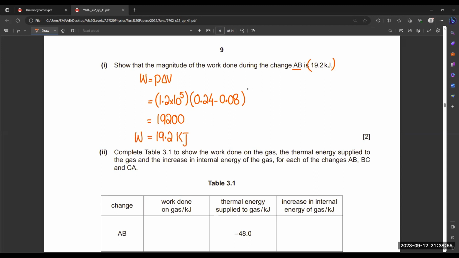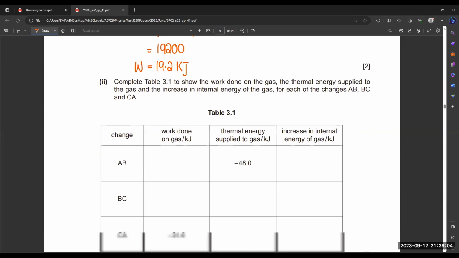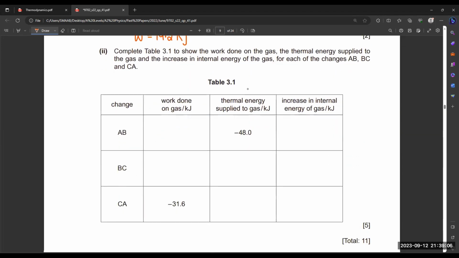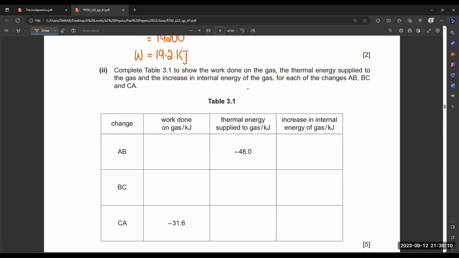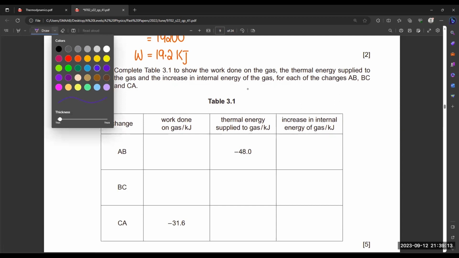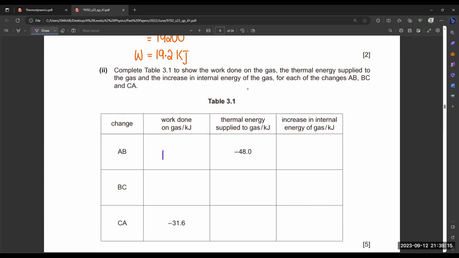Okay. So this is the value of the work done. And if we take the next part of this question, in the next part you have to complete the table. So basically from A to B, we already calculated the work done, right? Your work done is actually equal to 19.2.